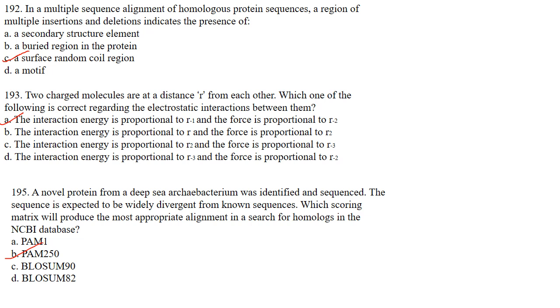Beta strands and alpha helices are formed in the core of the protein and they are not easily mutated in different organisms. But residues found on the surface of the protein are easily mutated and they exist as random coils. So a region of multiple insertion and deletion indicates the presence of surface random coils in multiple sequence alignment.